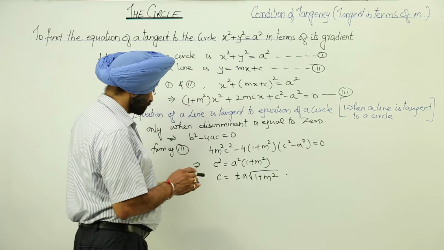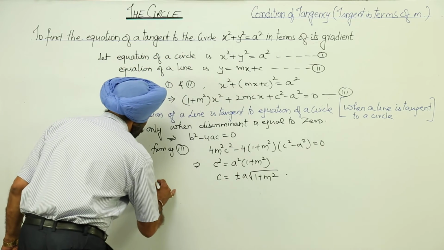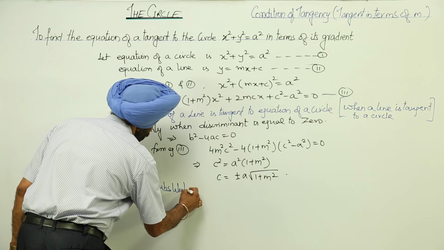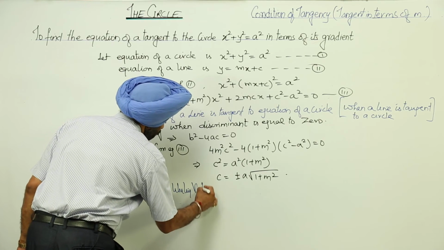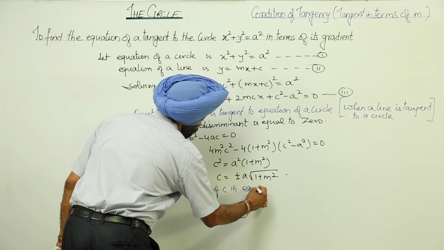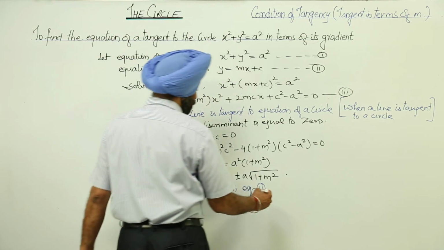Now, substituting the value of c in equation 2, that is the equation of a line, what we are getting?